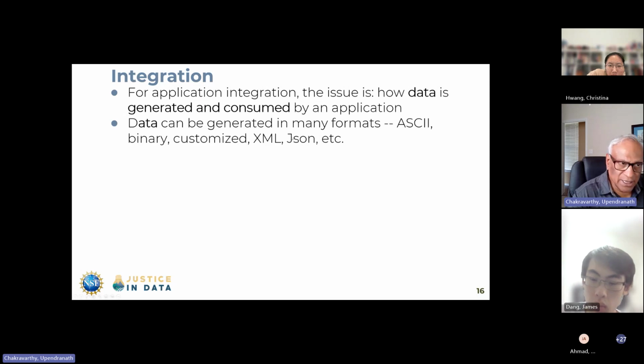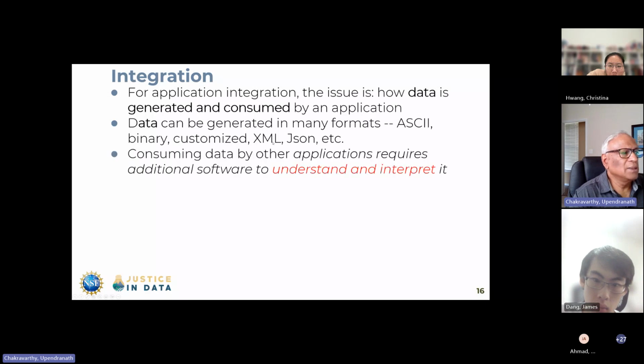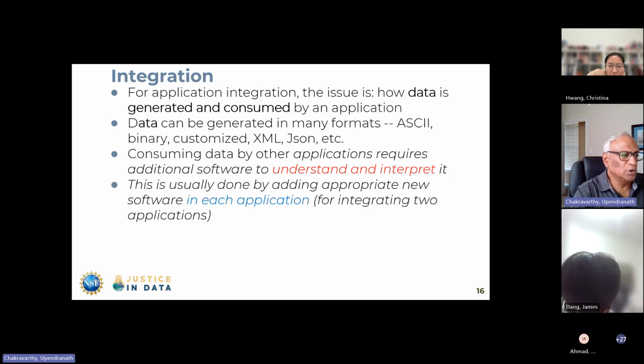Data can be generated in many formats. It can be in ASCII, it can be in binary, it can be a customized format, it can be in XML, JSON. Consuming data by other applications requires additional software to understand and interpret it. Without understanding and interpreting, you cannot deal with the data that you are receiving.